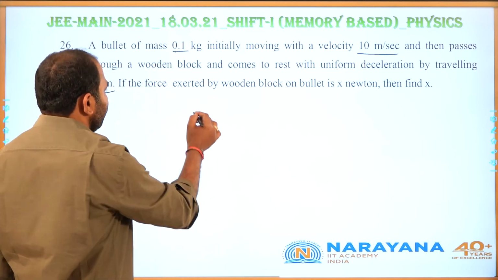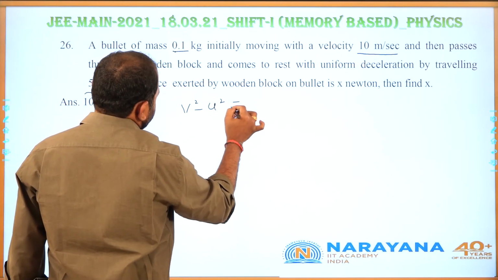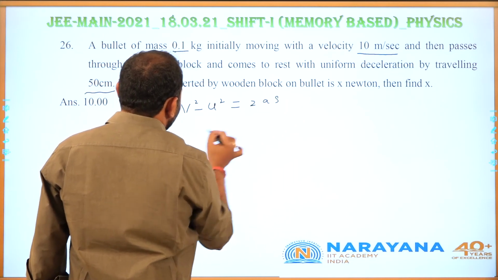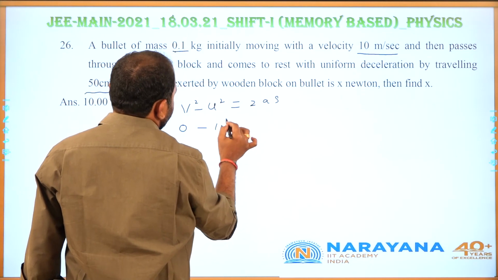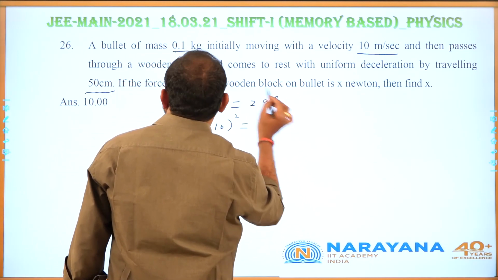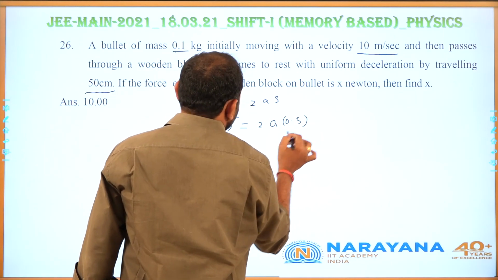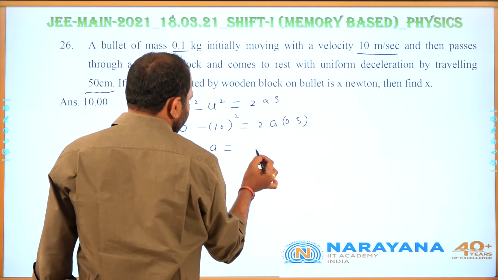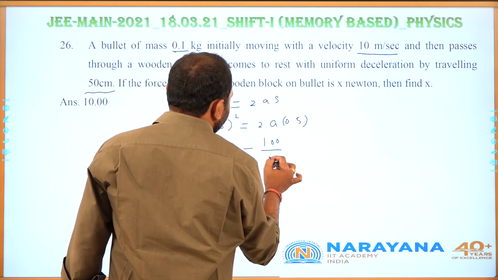Let us use the equation v square minus u square equal to 2as. Final velocity is 0, initial velocity is 10 meter per second, 2 into retardation a, displacement is 50 centimeter or 0.5 meters. So the retardation a equal to minus 100 by 1.